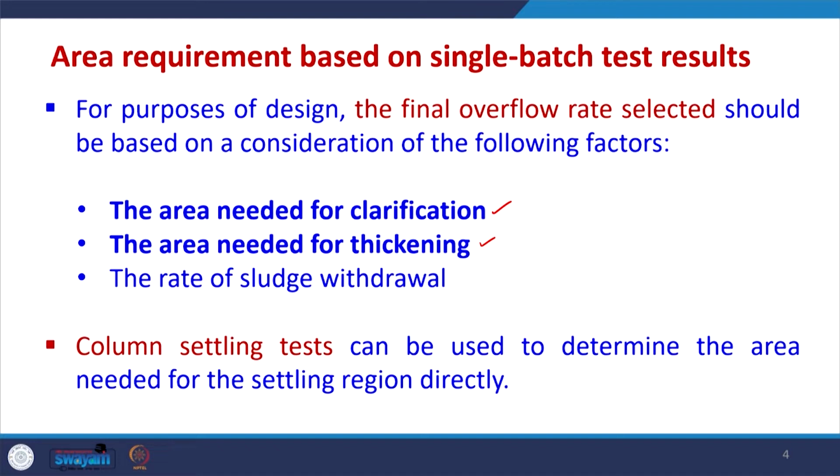So we perform the column settling test, from which we get interface height versus time data, which is further used for determining the clarification area and thickening area. We will learn these things in today's lecture.